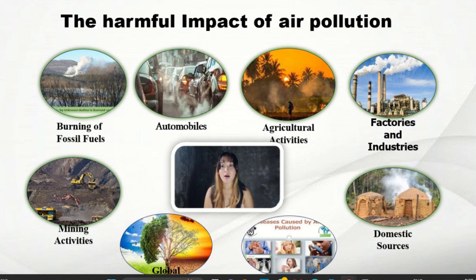The harmful impact of water pollution. Water pollution has a devastating effect on ecosystems as it harms aquatic life and disrupts food chains. Additionally, pollutants can contribute to global warming by releasing harmful chemicals and greenhouse gases.